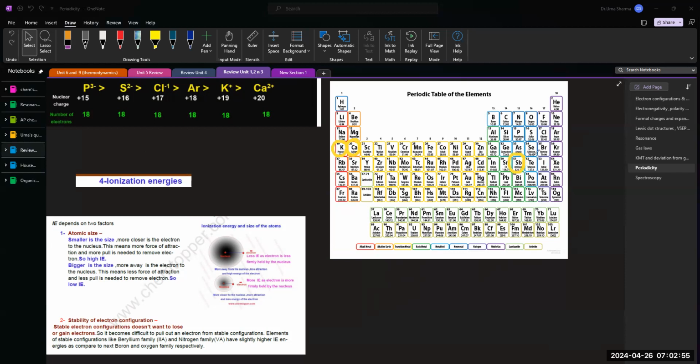Which element has higher ionization energy? Antimony or tellurium or iodine or xenon? Put it in order. So the highest is xenon, then iodine, then Sanjana, then antimony, and then tellurium.